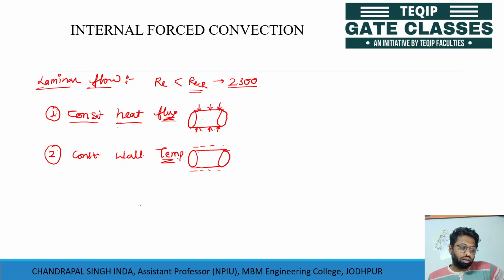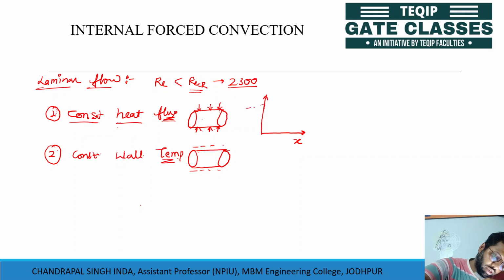As the wall is getting heat from the electric energy, the temperature of the wall is going to increase continuously in the x direction. This is the x direction along the length of the pipe, and this is temperature. We can see here that the wall temperature is increasing.